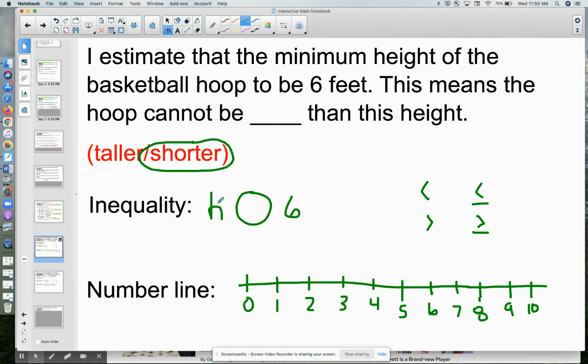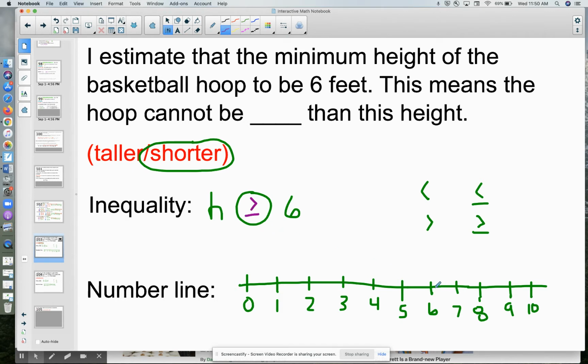So how will we write this inequality? Less than, greater than, less than or equal to, or greater than or equal to? Again, minimum, it would be greater than or equal to, like that.